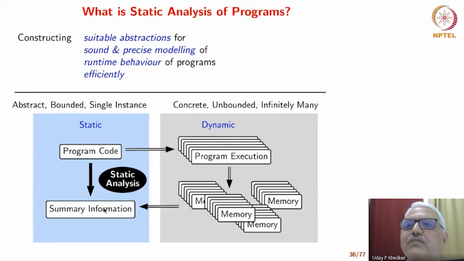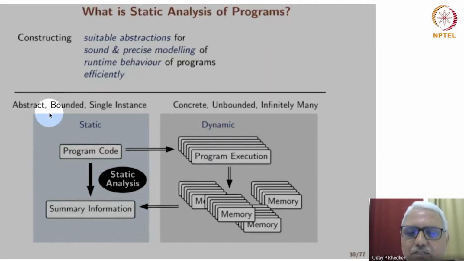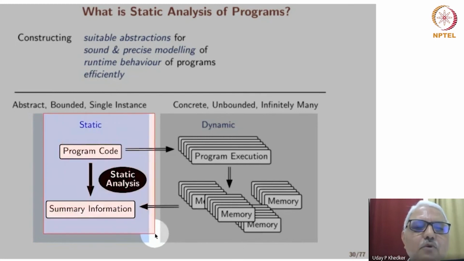In static analysis, what we wish to do is to remain within the static world, and we don't want to look at this part at all. Our focus has to be on this particular box: program code and summary information.